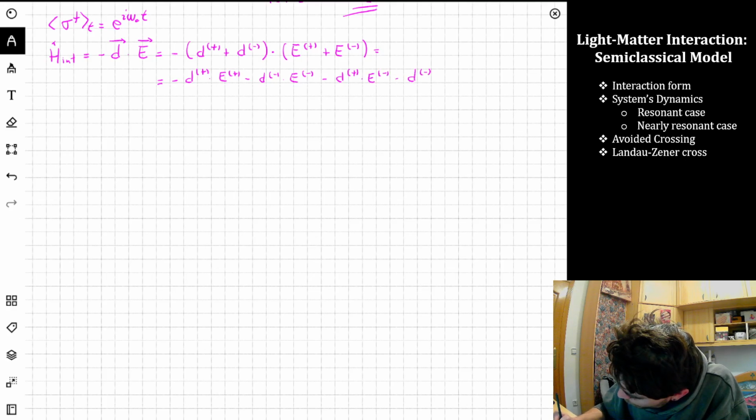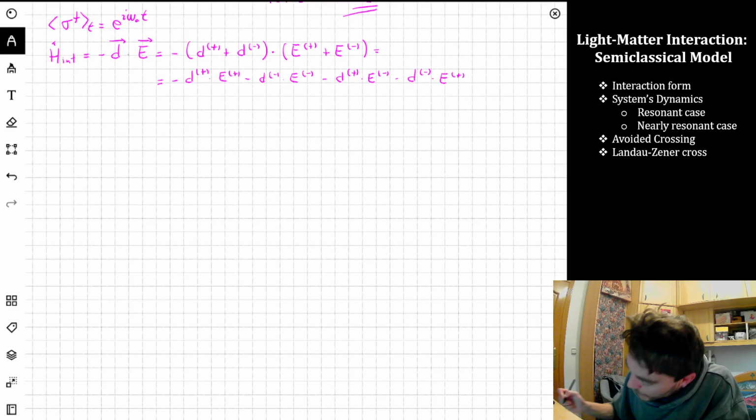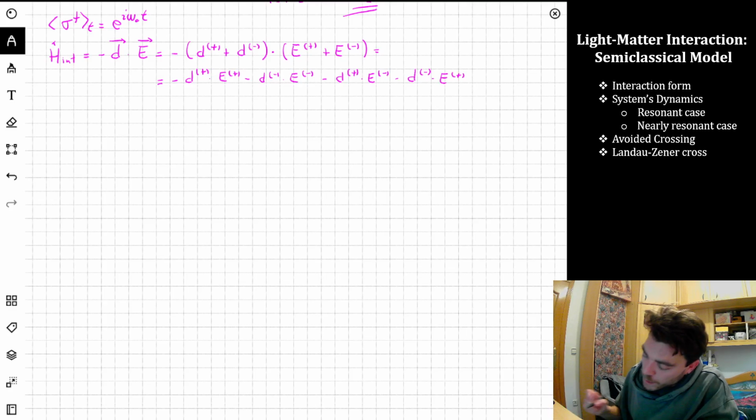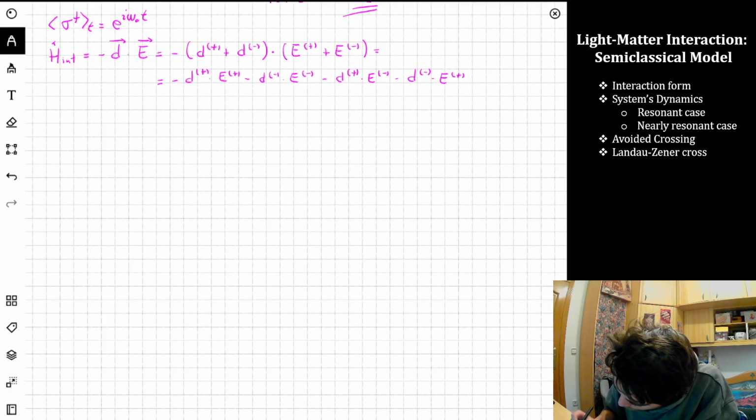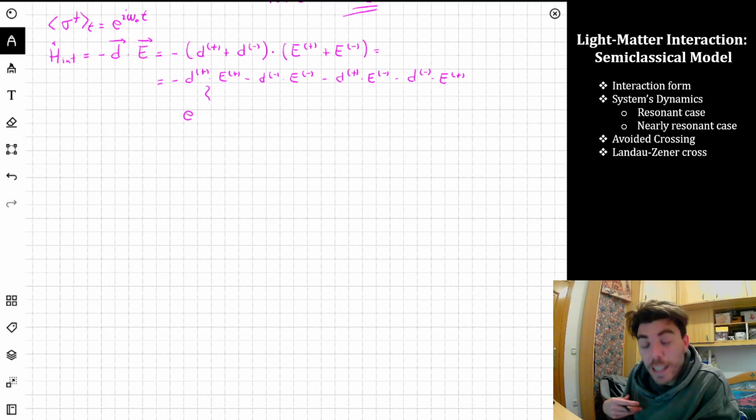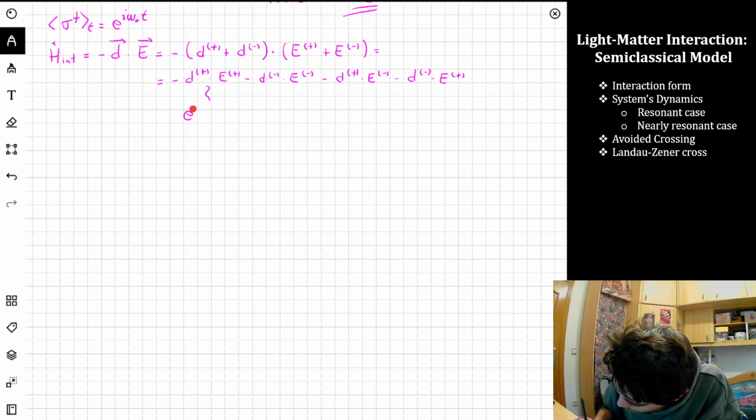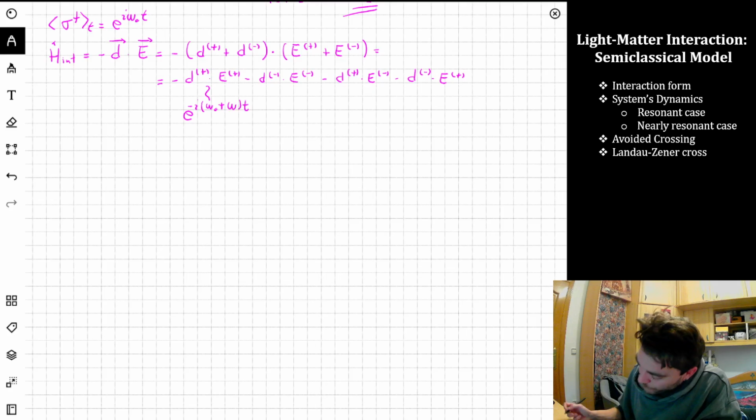minus plus. And what happens here is that we know that this operator, at least its mean value, will go as e to the minus I omega 0 plus omega t.